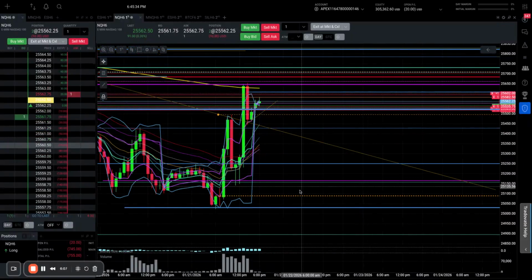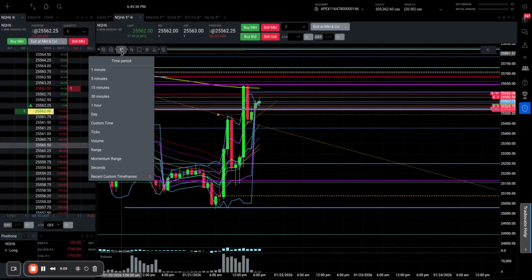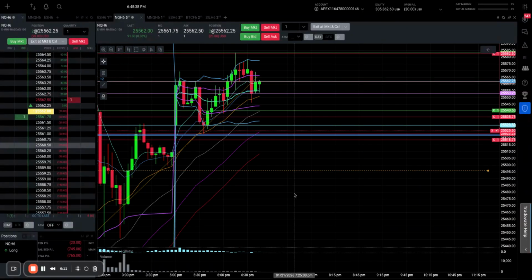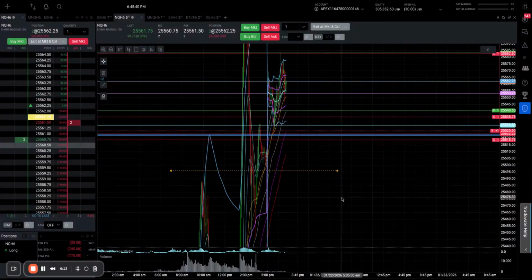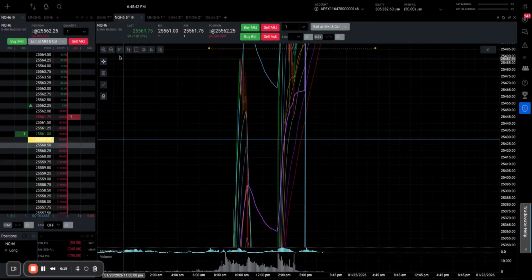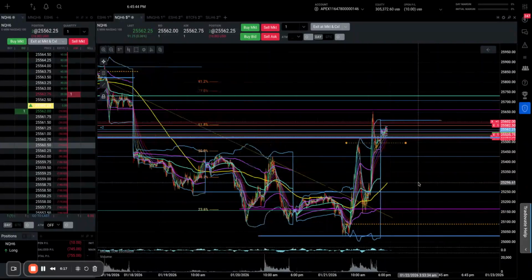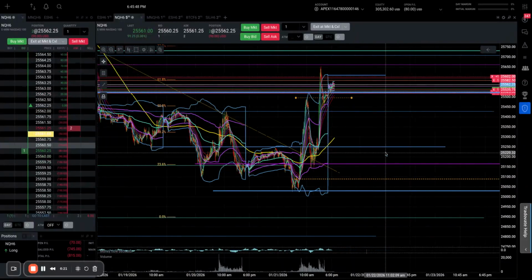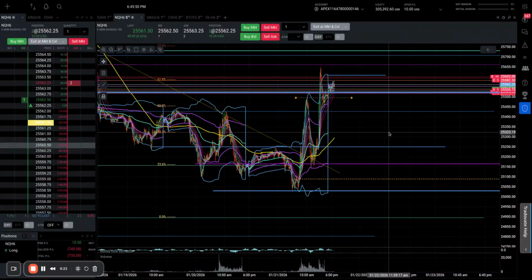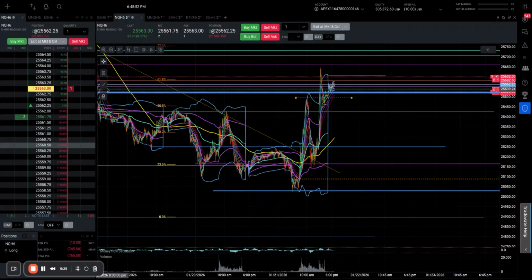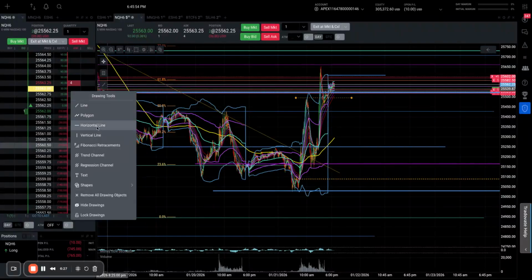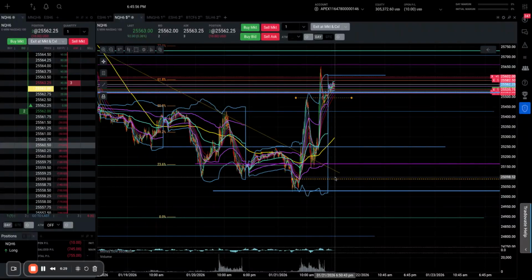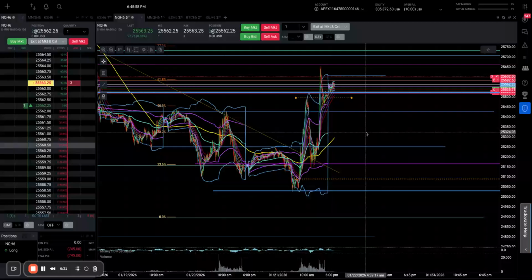All right, guys. And I will want to add one more line in here for a point of interest. We got this one, and I do want to do one right here, just in case. I just like to know my bounce areas.